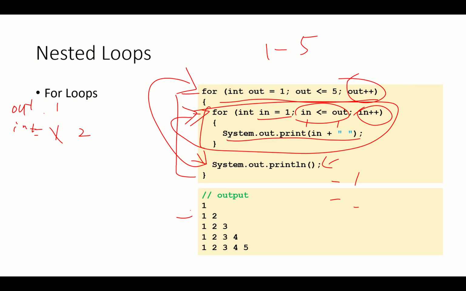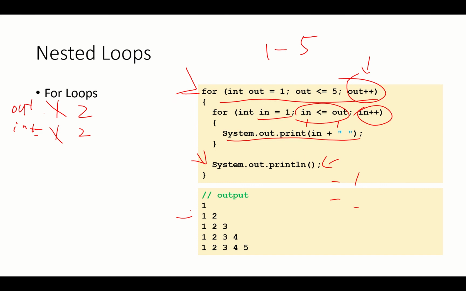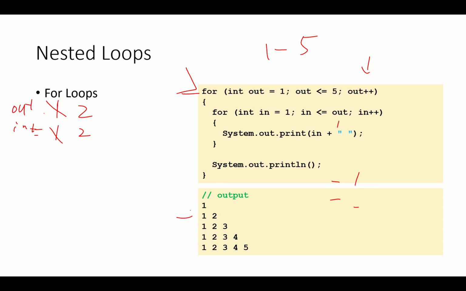What's the current out value? 1, right? So we need to update by 1, okay? So here's 1, right? We need to update to 2, okay? Once we go to 2, what do we need to do?